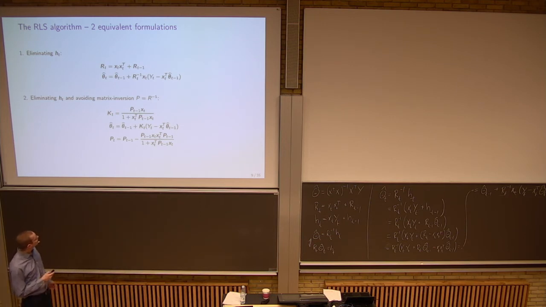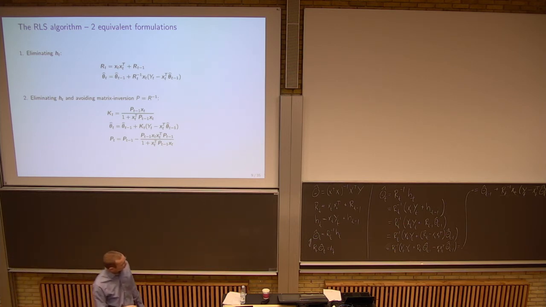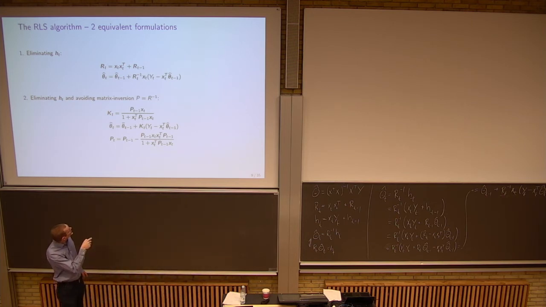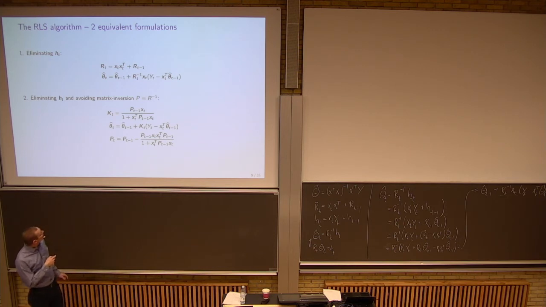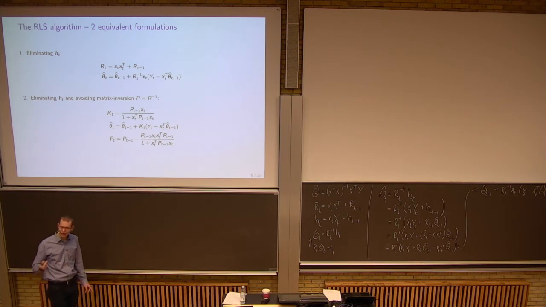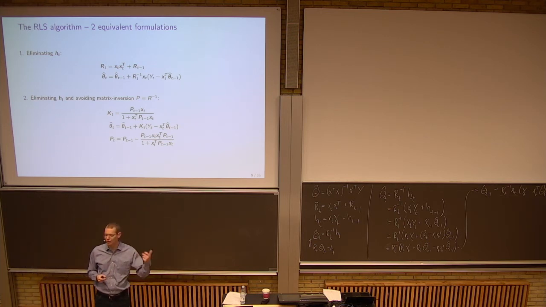And you can say the reason is, when you do this, basically comparing with what you have over here, it's just R_t inverse. That's the whole fraction P_{t-1} divided by 1 plus x transpose P_{t-1} x_t. What you have to realize is that this element there is a scalar, plus a scalar, still a scalar, so you divide by a scalar instead of having to invert a matrix.